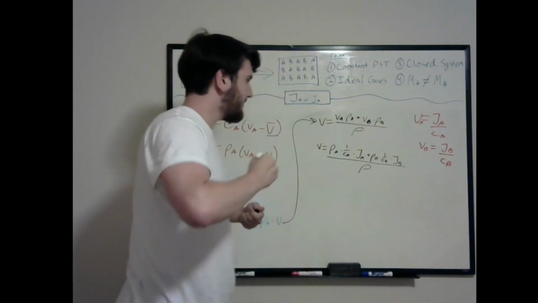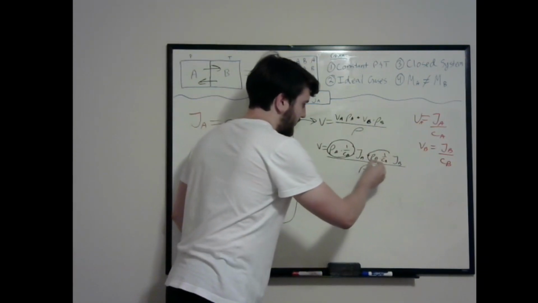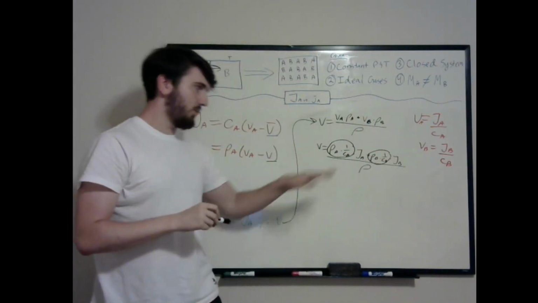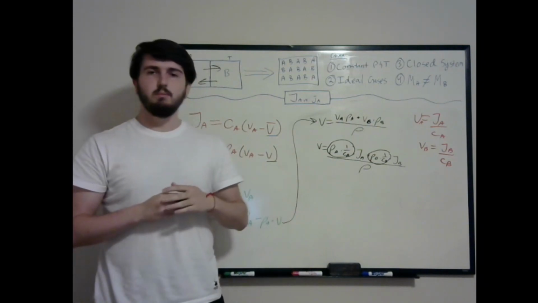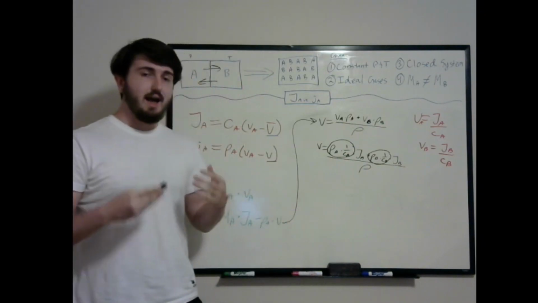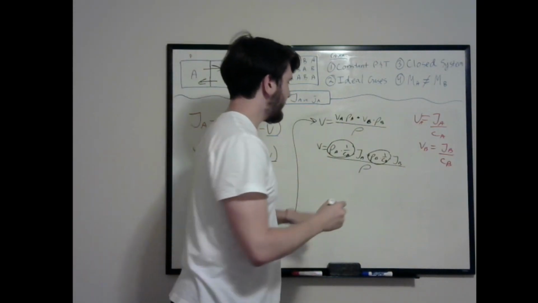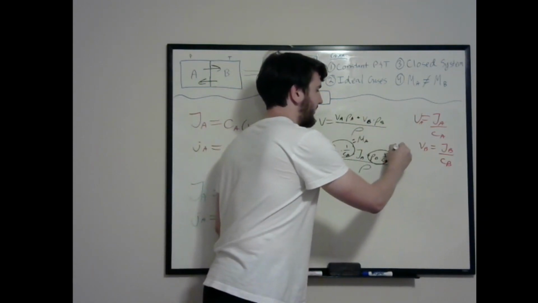The reason why we separated this again is that we've already done it before, where we know that the mass concentration of A or the mass concentration of B all over the molar concentration of A or B actually just equals the molecular weight. So this is the molecular weight of A and this is the molecular weight of B.